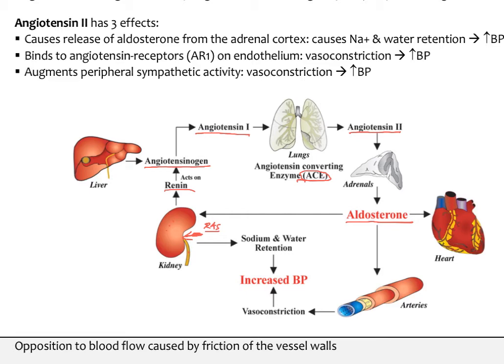So we get aldosterone secreted, and aldosterone has several effects. Number one, it tells the kidneys to hold on to more sodium. And when it does that, it actually holds on to more water as well. So that's going to increase blood volume. Remember the original signal, the kidney thought you were maybe losing water or you had a decreased fluid volume. So aldosterone is going to tell the kidneys, hold on to more water, hold on to more sodium.